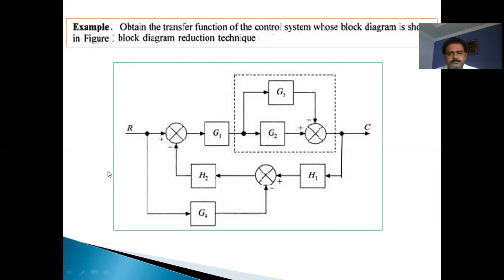Anybody? How to reduce the given block diagram? First step, anybody? Out of 33.